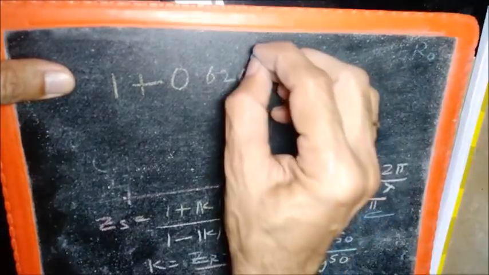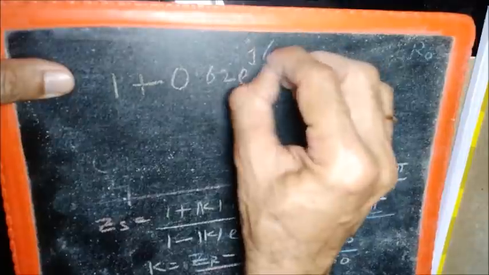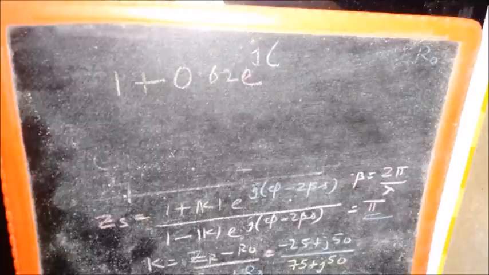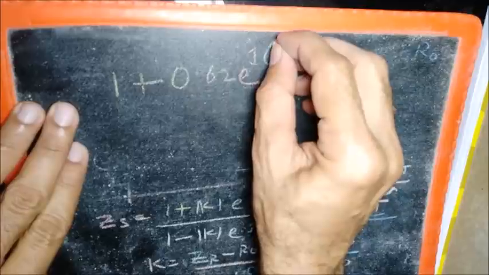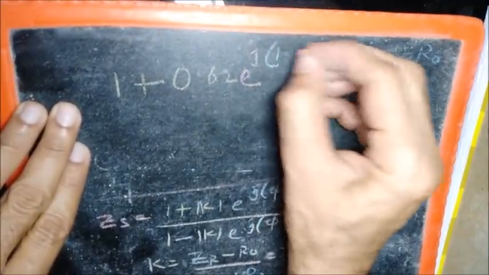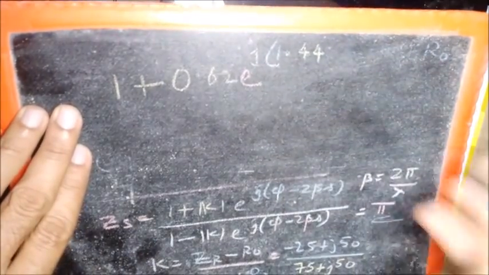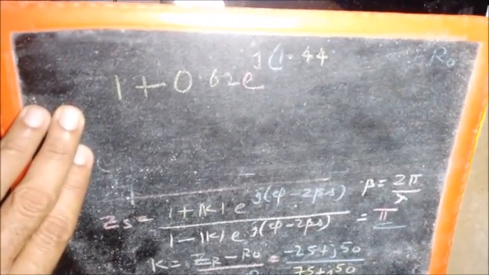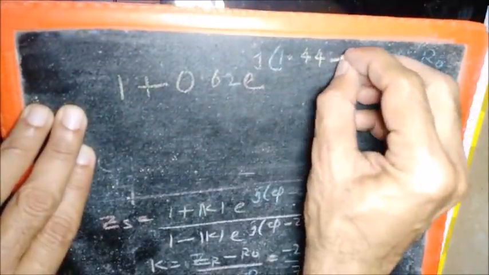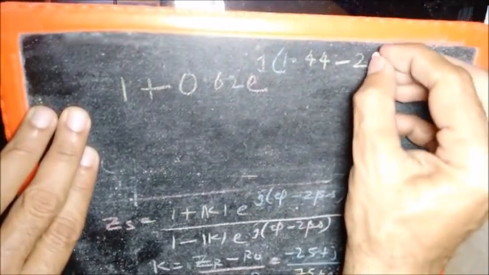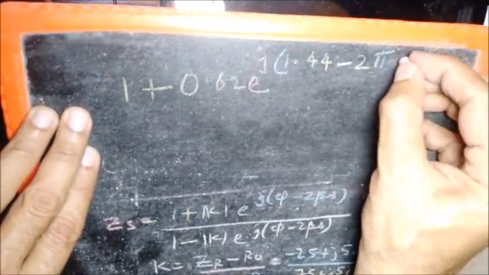e power j. Now, when you substitute phi, you should not substitute 82.87; you have to substitute it in radians, and the value in radians will be 1.444 and so on, minus 2 beta S. 2 beta is 2 pi, and S is 0.6 meters.